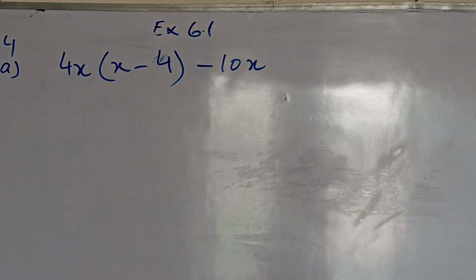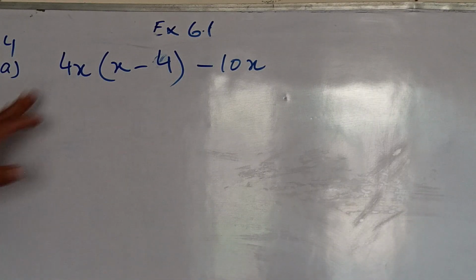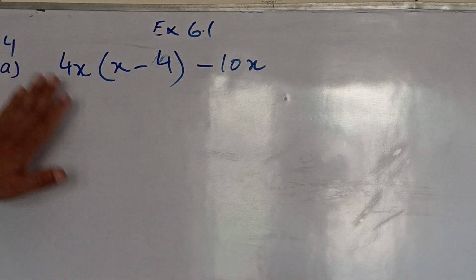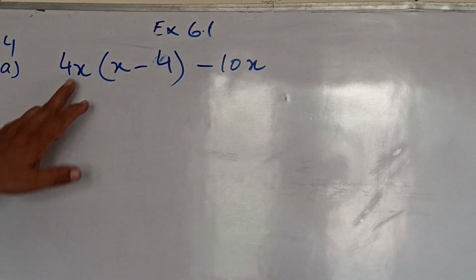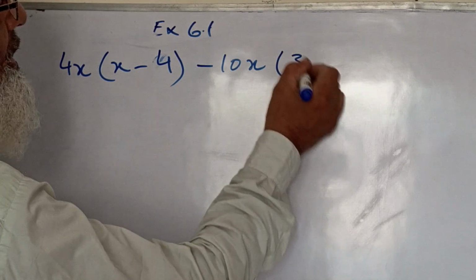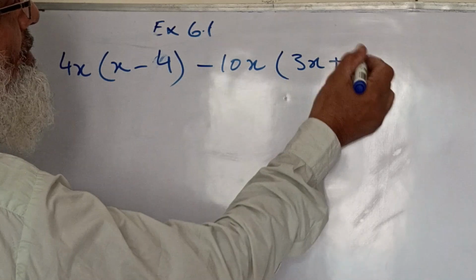Now you see, in the previous question, there was only a constant over here. Now it is a variable also, variable and coefficient. And 10x is bracketed with 3x plus 6. Now this is 3x plus 6.